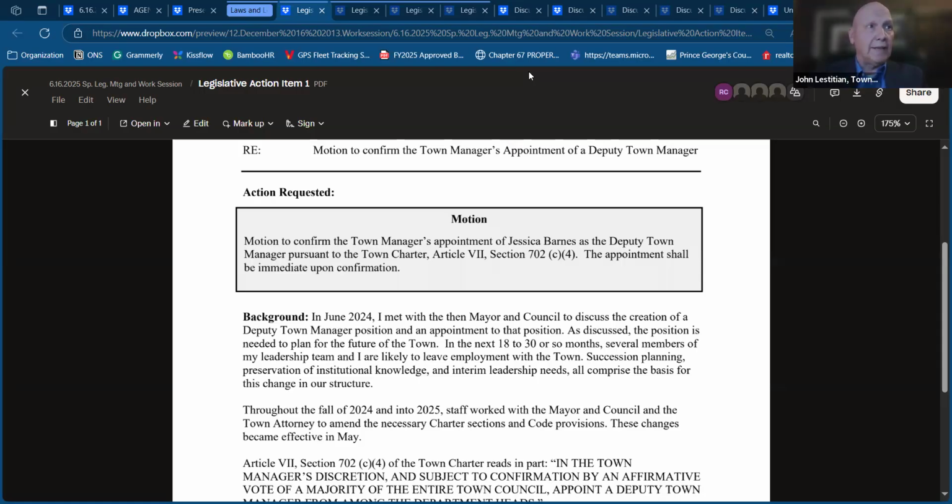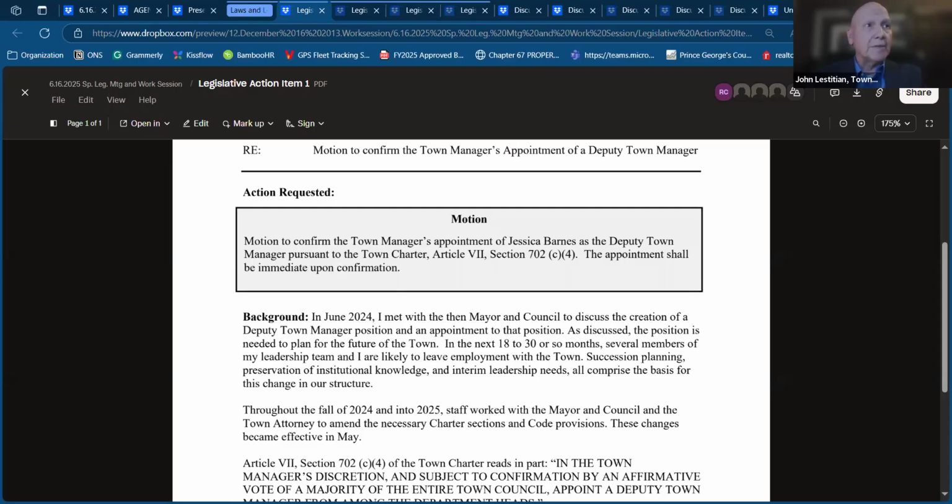And as outlined in the memo, there's going to be substantial changes in the staff leadership over the course of the next now 18 to 30 months. When we started this, we were saying in the next 2.5 years. Now we're down to the next 18 months to 30 months. We anticipate significant changes to include my own status with the town.